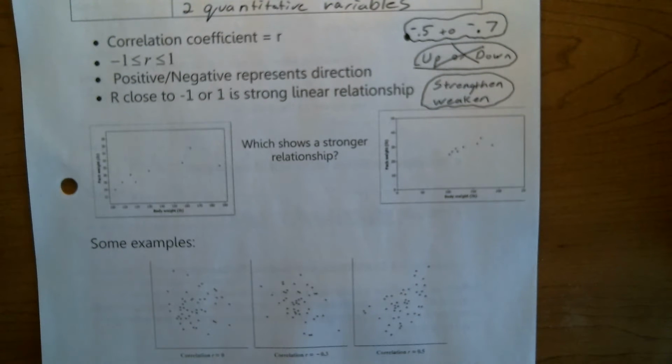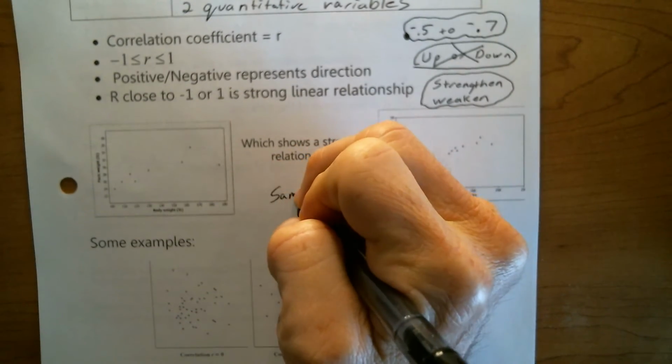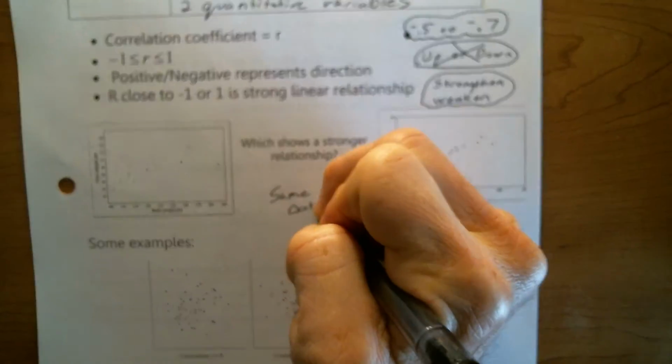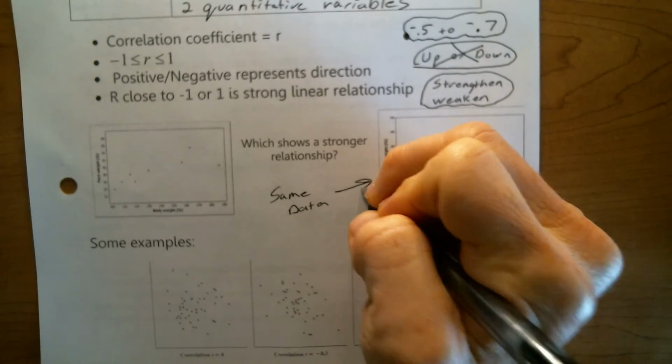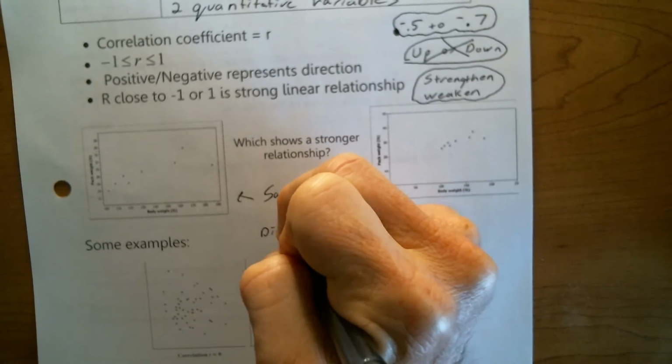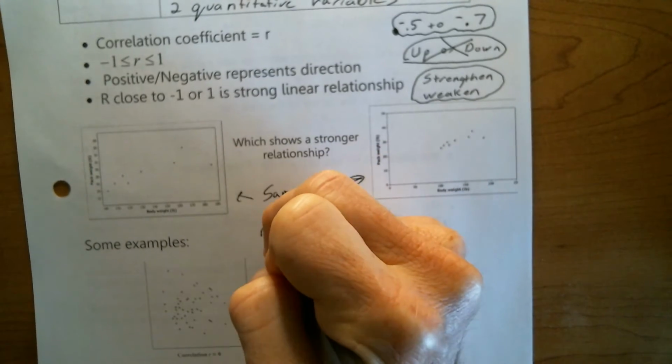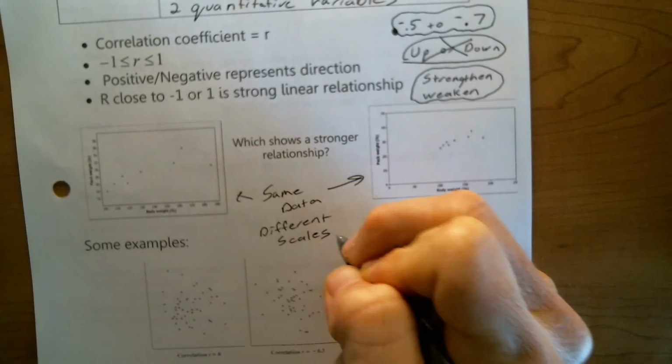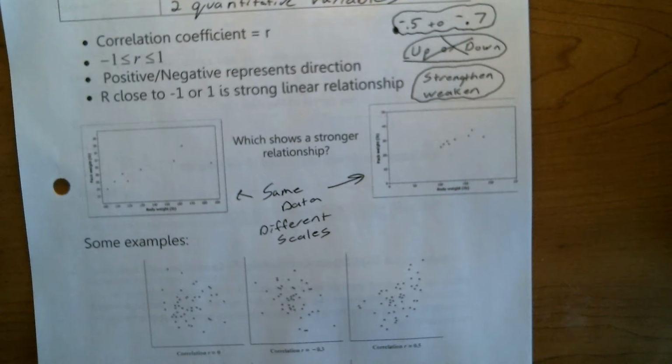All right, so the answer is, this is a trick question. It's the same data. Right? It's just the same data with different scales. And that's part of the reason that we have the correlation coefficient, is that sometimes graphically it can be hard to tell.